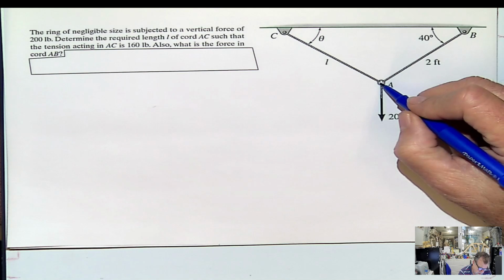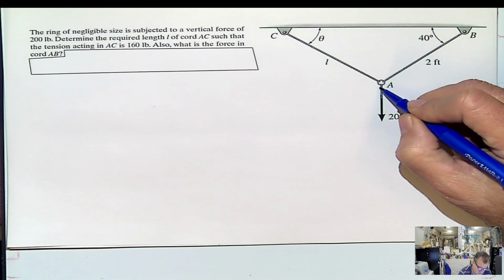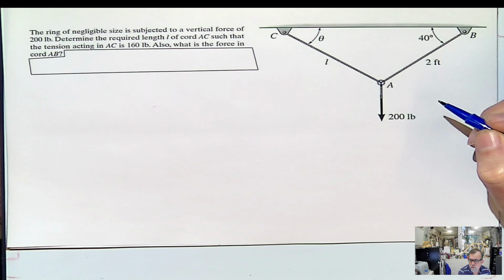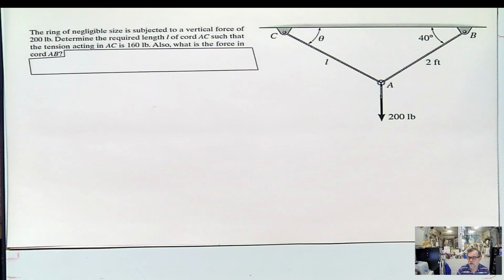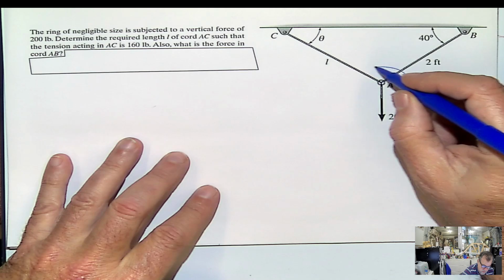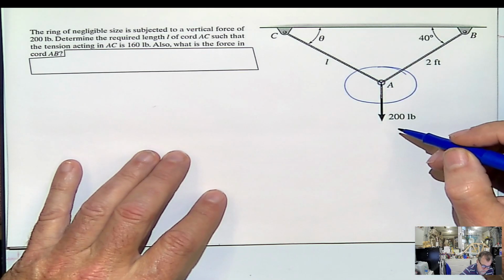And the other thing is that if this is not negligible in size, maybe these three forces are not going to be concurrent at that point, and then we wouldn't be talking about particle equilibrium. But anyway, this is transparent for us. It's a particle equilibrium problem, just like that.